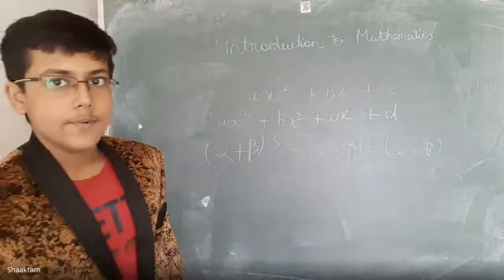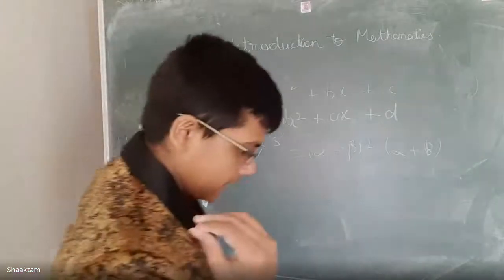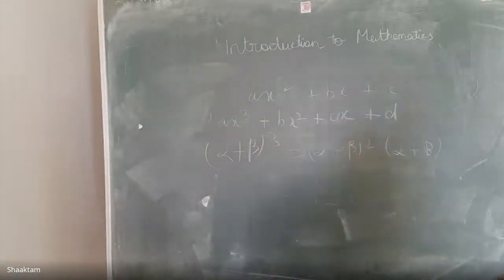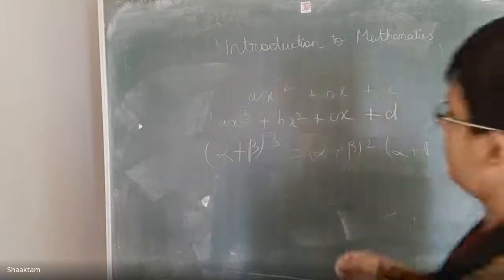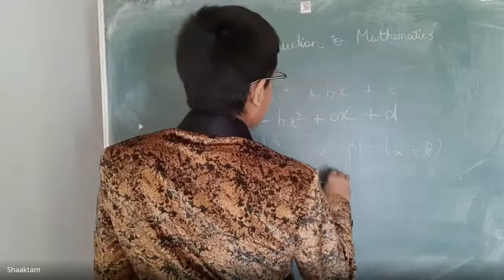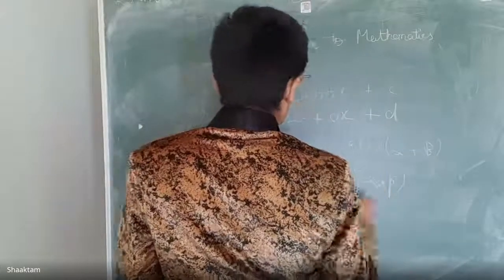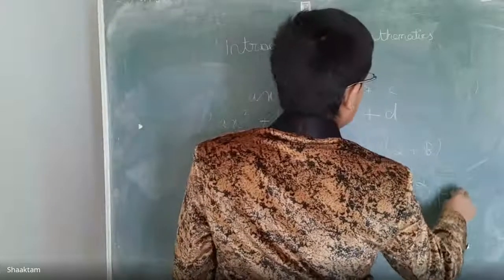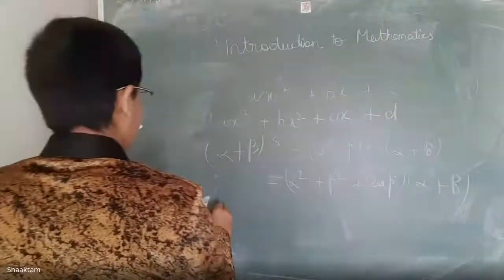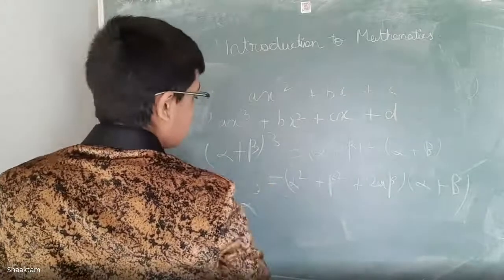Because it's alpha plus beta whole square into alpha plus beta raised to 1. And by exponents and powers, when you multiply the same base with different exponents, we add the exponents. So we'll get alpha square plus beta square plus 2 alpha beta into alpha plus beta. Alpha square into alpha gets me alpha cube.